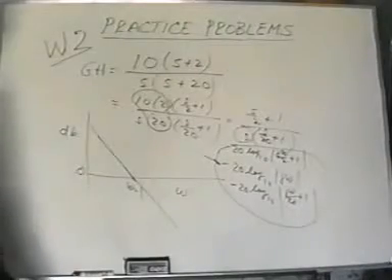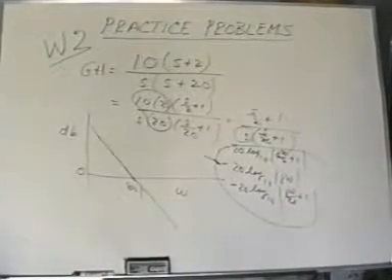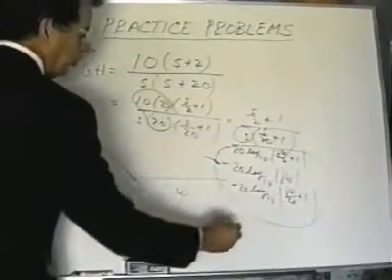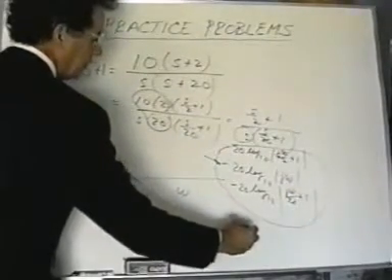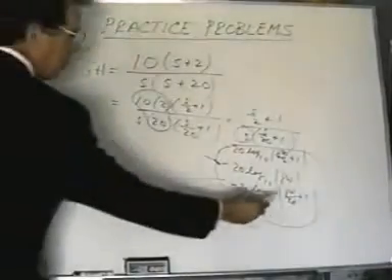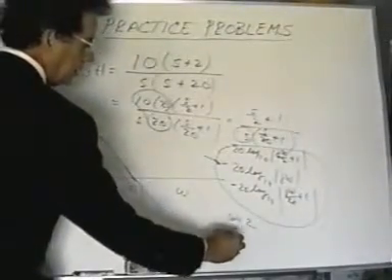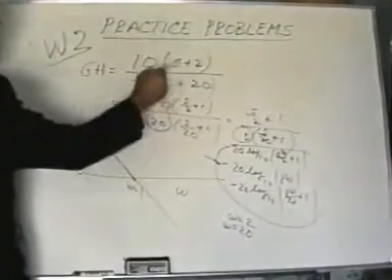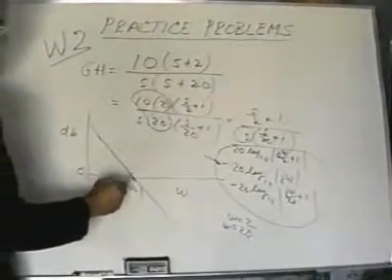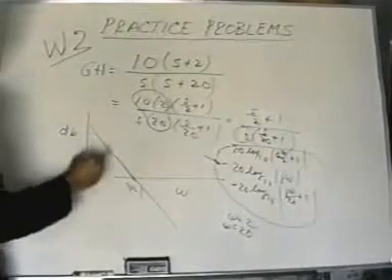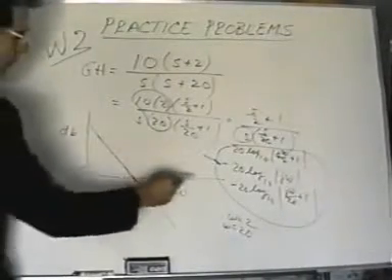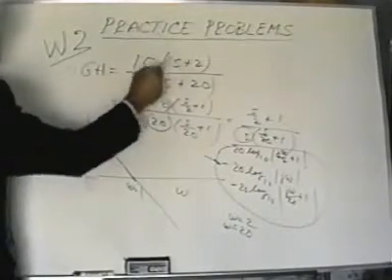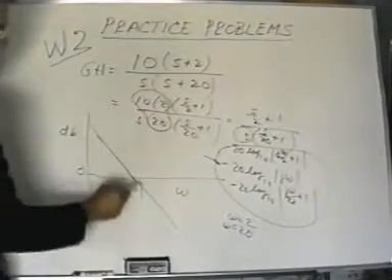And the next thing I look for is to see where are the other break frequencies. Notice I have one over here that's going to occur when omega is equal to 2. I'll have a break frequency there. And I'm going to have a break frequency when omega is equal to 20. Now when omega is equal to 2, that is in the numerator. That will cause the slope of this line to change from minus 20 dB per decade to being flat, because this essentially cancels out the effect of the line that's already going down.